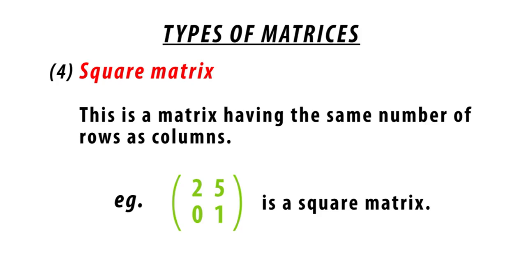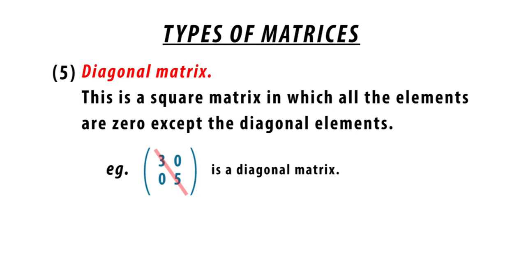We also have a type called the diagonal matrix. This is a square matrix in which all the elements are 0 except the diagonal. That is, the matrix 3, 0, 0, 5 is a diagonal matrix.